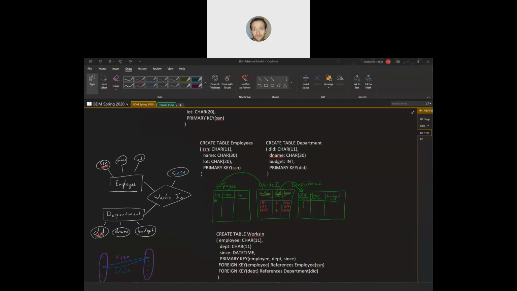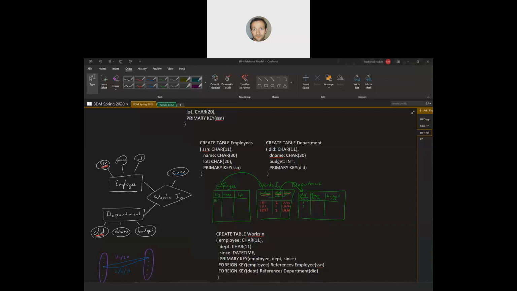The columns of this table are going to be whatever attributes are connected to this relation, as well as all of the primary keys of the related entities. So in this case, the works in relationship is connected to the employee entity.